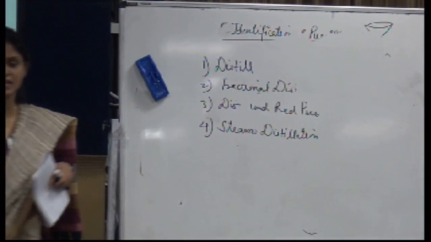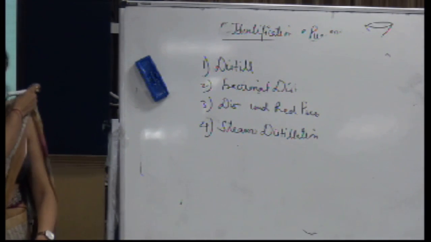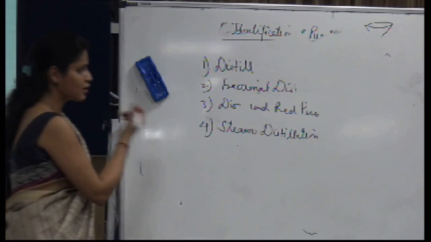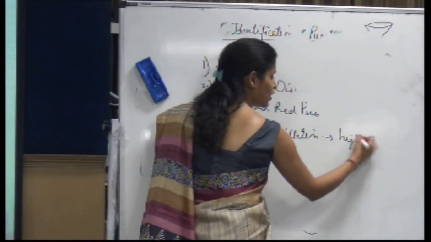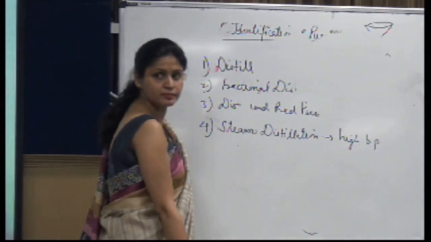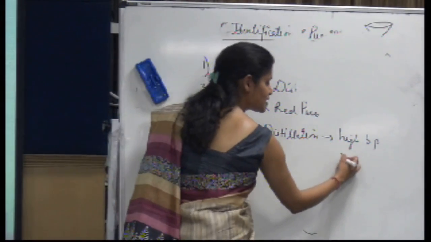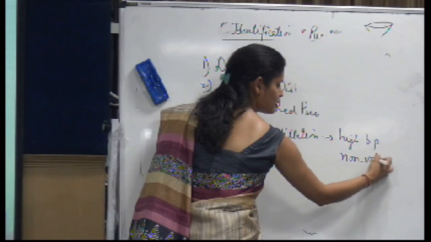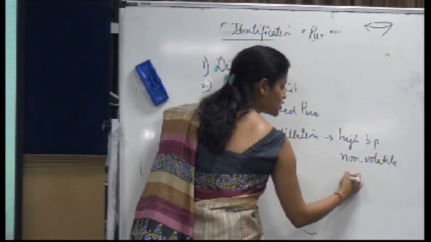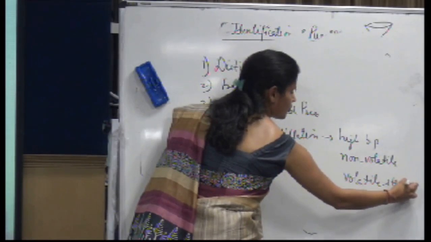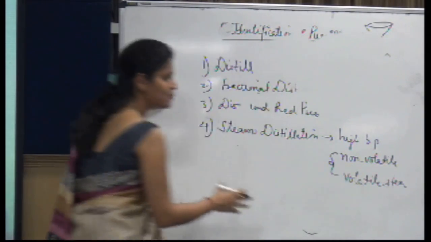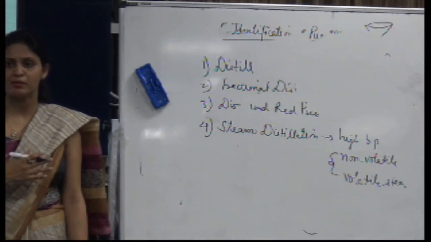What is steam distillation? Steam distillation is used for the compounds or mixtures which have very high boiling point, or which are otherwise non-volatile, or which are volatile with steam. What do I mean by non-volatile and volatile with steam?